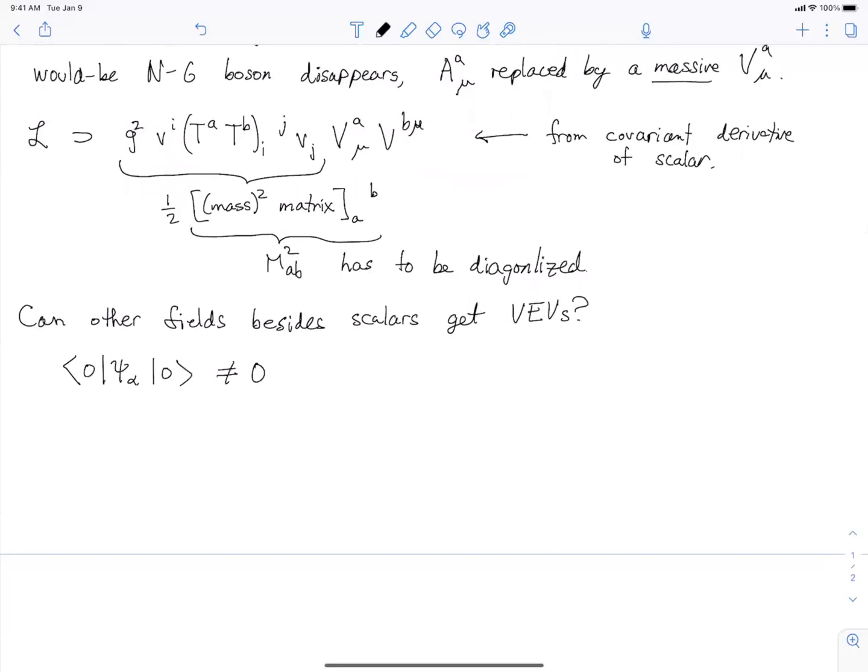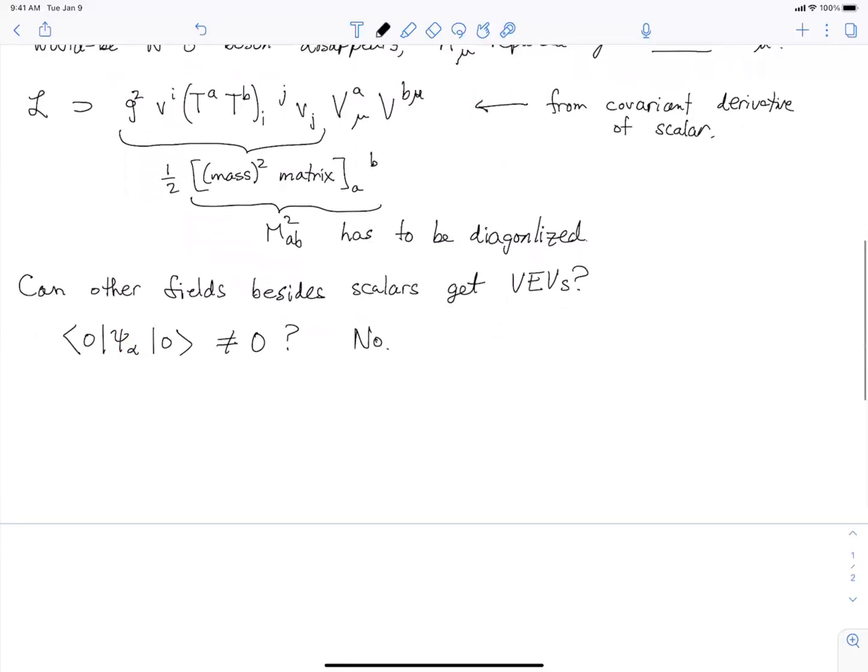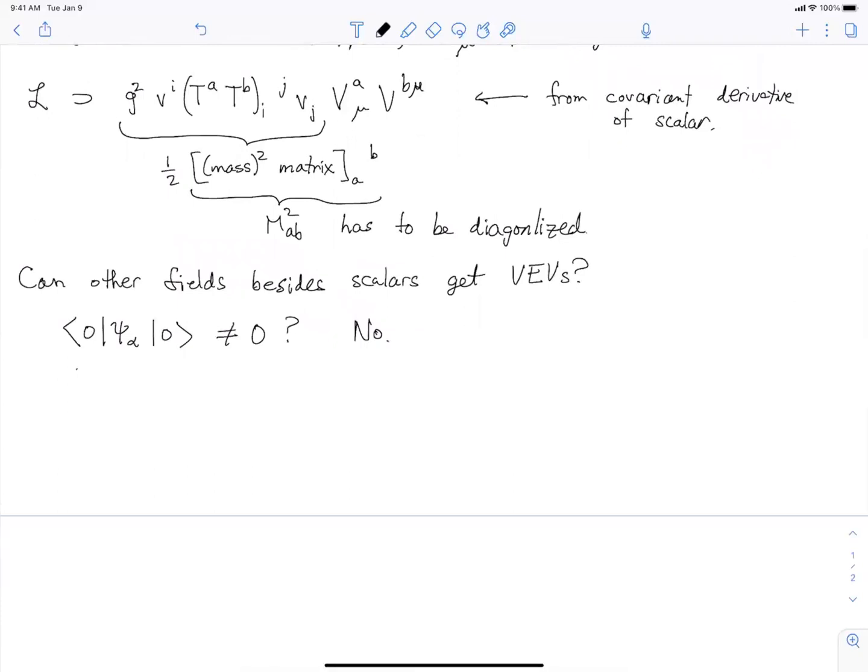And the answer is no, because that would break Lorentz invariance, because the fermion has an index that transforms non-trivially under Lorentz transformations. And for the same reason, if I wanted to maybe have a vacuum expectation value for a vector field, that would also not work.